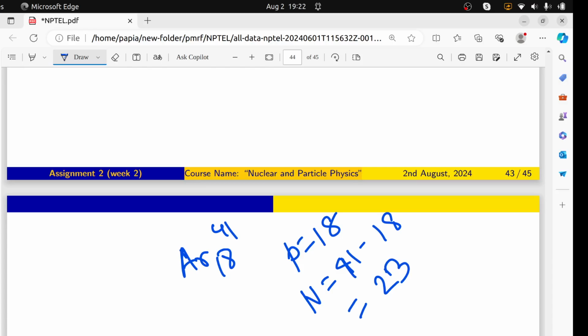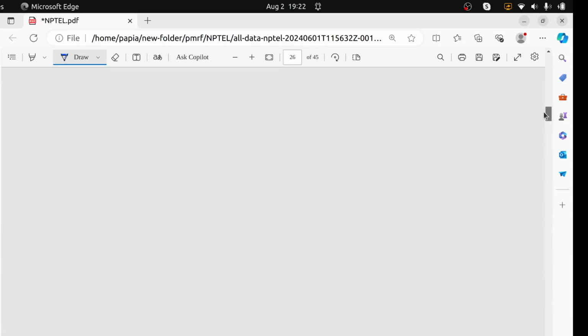So 23 will be the neutron number, and as the proton number is even, it will not contribute anywhere. As the neutron number is an odd number, it will contribute to the spin and parity. So coming to the N equals 23 case.